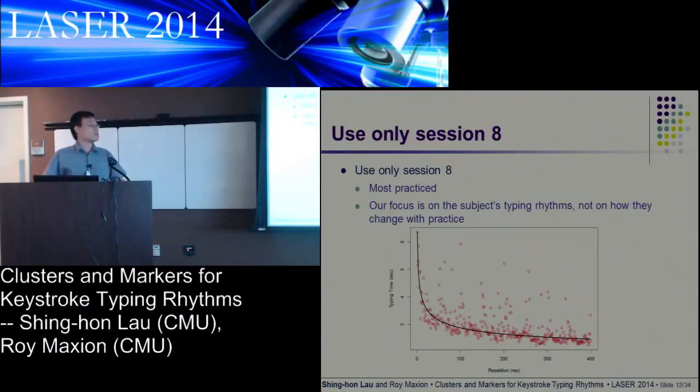And if you want a percentage change, to get to 0.1% is all the way out at 300-something repetitions. But I'll have to look up those numbers. You're right, it would definitely be interesting to know, if for no other reason than for future work, how much data you actually need to collect before you can start doing this analysis. Do you need the full 400, or are you okay with just collecting 250?